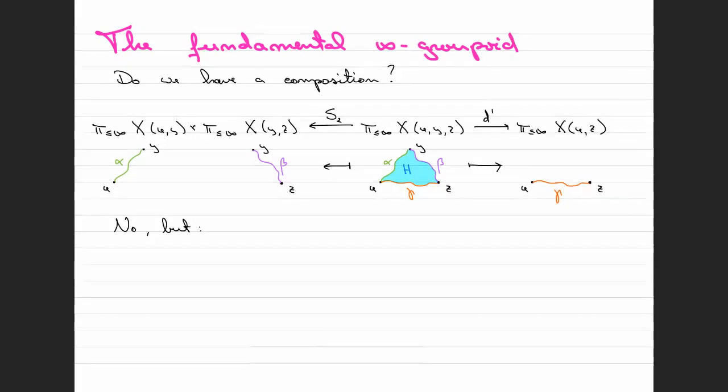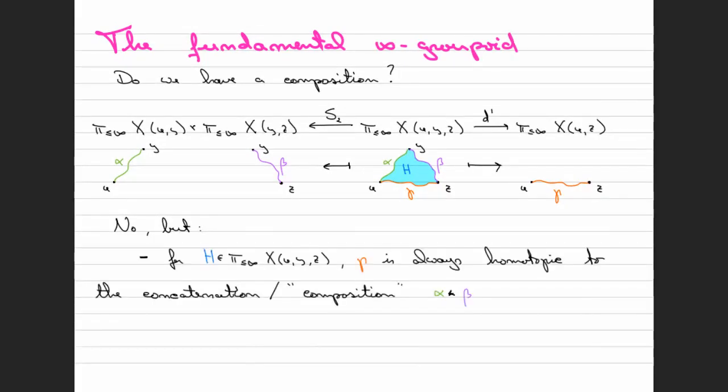However, I want you to notice two things. If we pick some triangle H like this, then the bottom edge, gamma, is homotopic to the concatenation of these two paths. H really is the homotopy between these two paths.